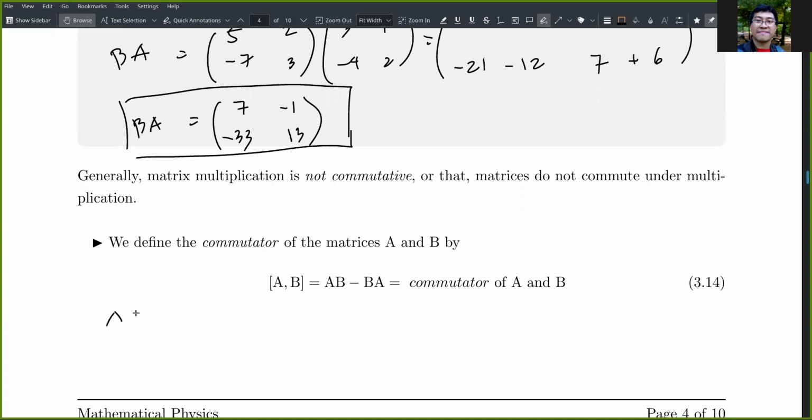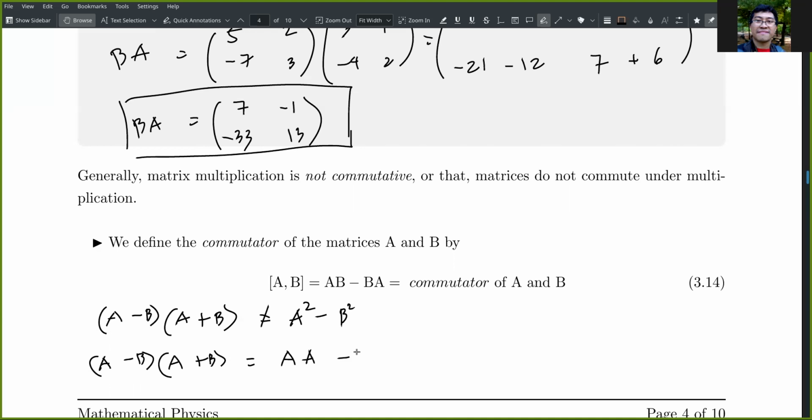This is also the reason why A minus B times A plus B, in this case for matrices, will not be equal to A squared minus B squared, unlike if these are just ordinary numbers. So the actual value of A minus B times A plus B for matrices would be AA minus BA plus AB minus BB.